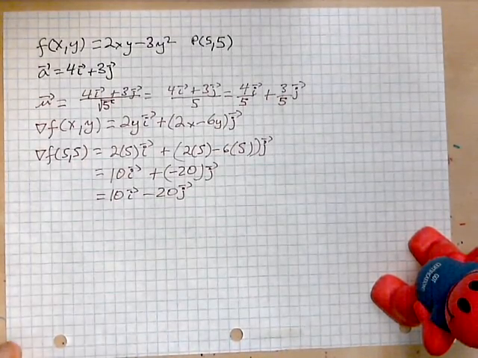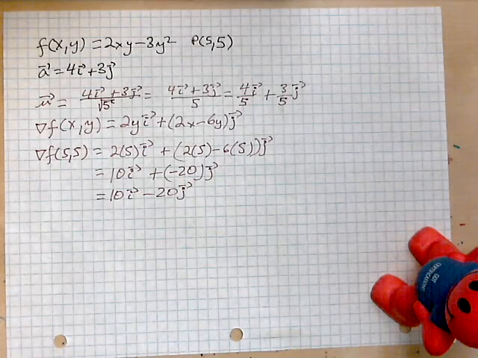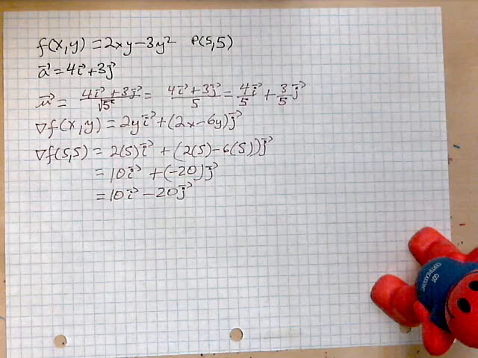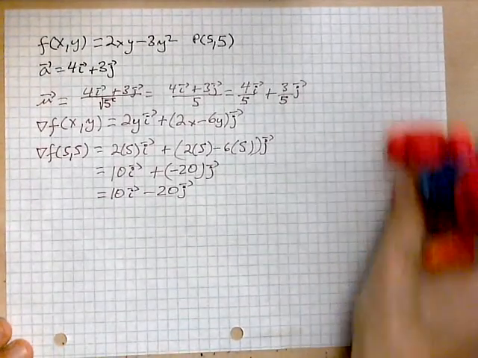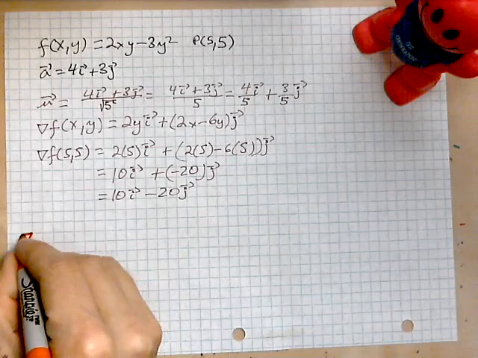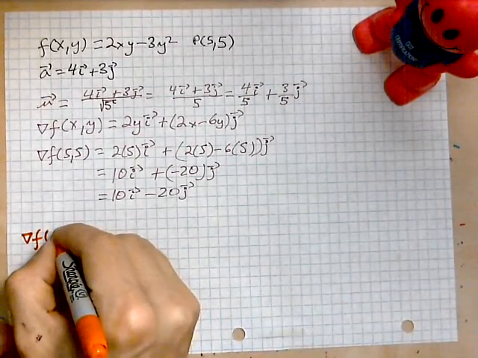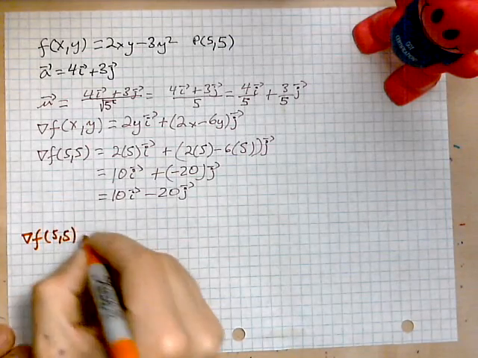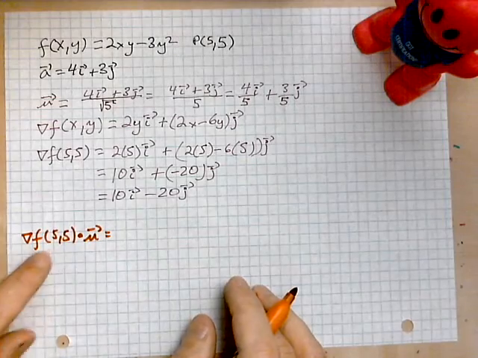With this in place and with the unit vector, now we simply form the dot product of these two, and that is interpreted as the directional derivative. So let's do that as the next step. Let's make that big. That should fit. So the dot product of the gradient of f at (5, 5) with the unit vector u is the following.